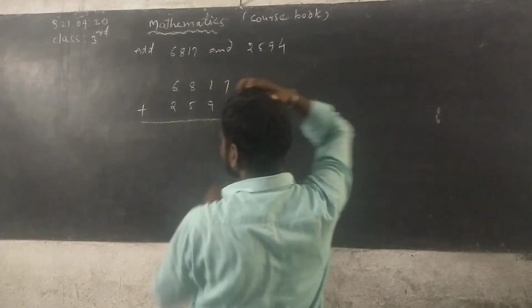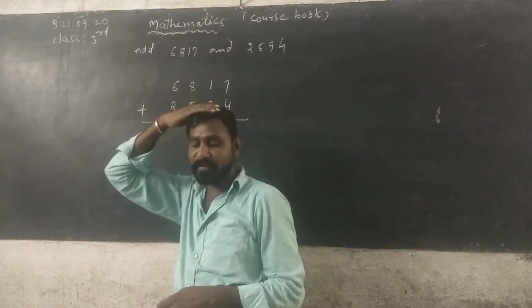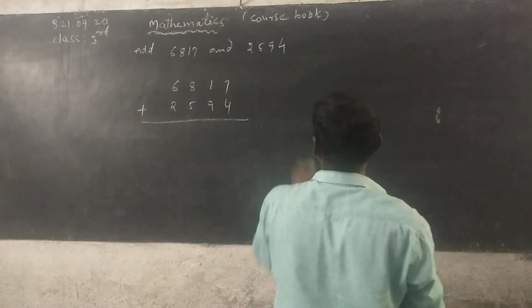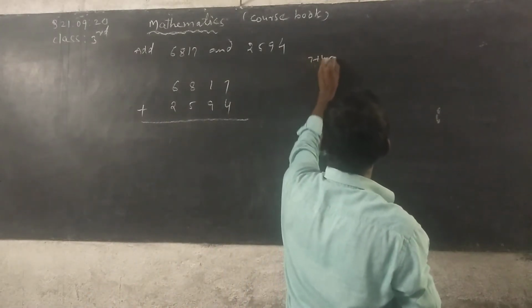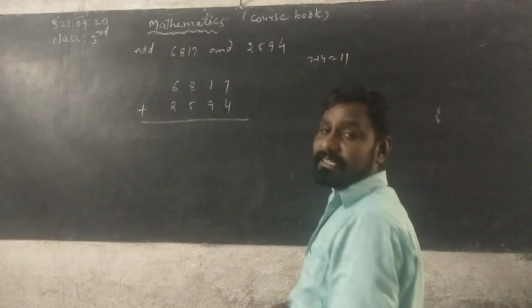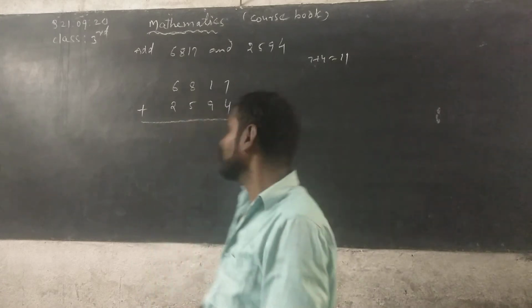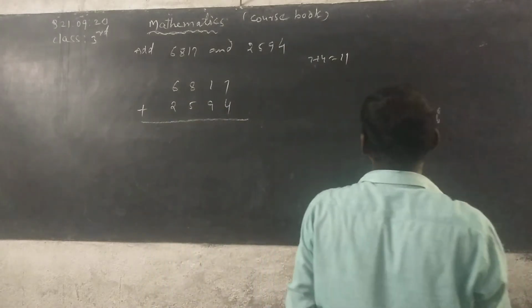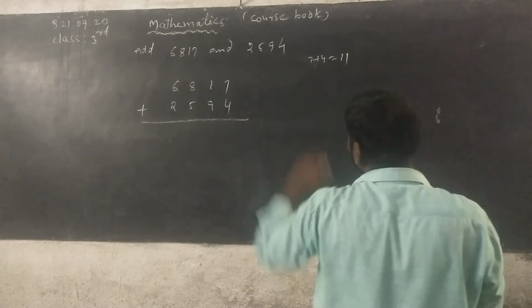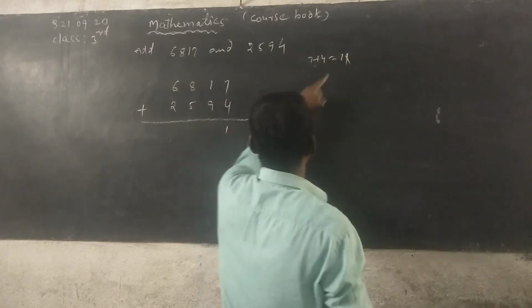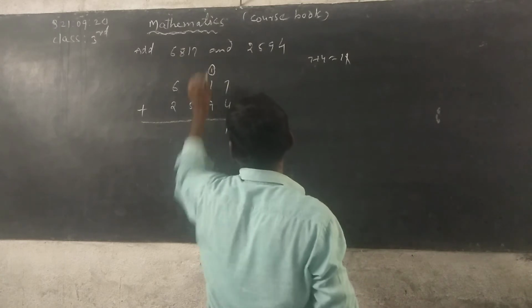So 7 plus 4, how much do you get? 7 plus 4 you get 11. 11 is a 2-digit number, so it has taking and carrying. Always take the ones place digit and write it in the ones column. So 1 is written right under the ones place and 1 is carried to the tens place.